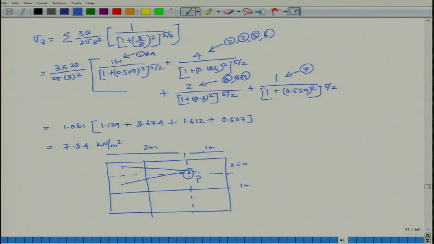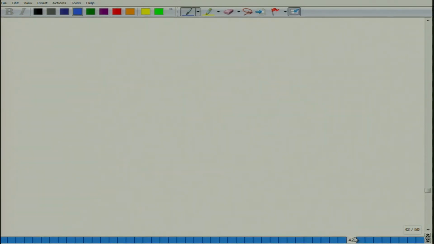So, let me start with this Newmark's influence chart or influence sheet, that will be interesting. Newmark's influence chart. So, if you look at here Newmark influence chart, it's vertically Newmark has been proposed.